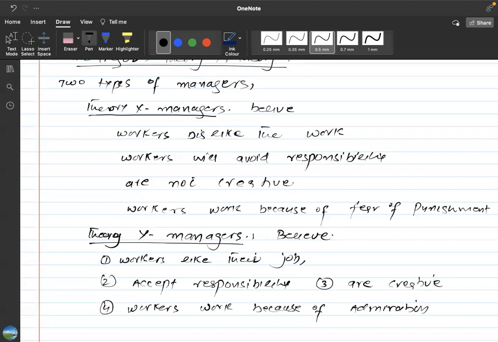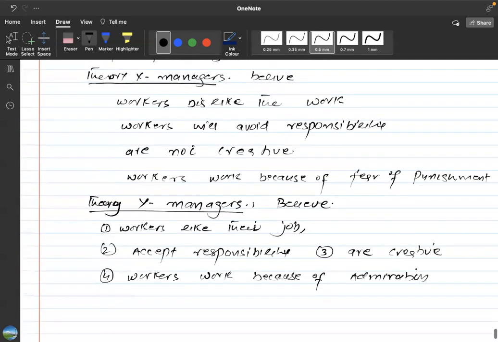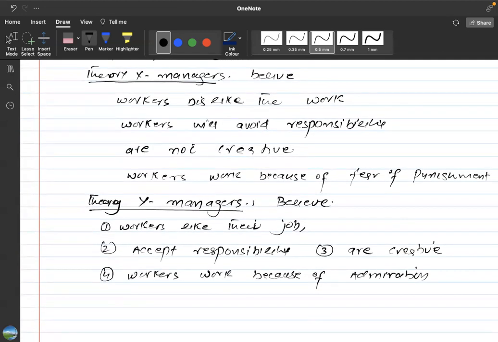They are praised, they are helped in completion of their task, they feel happy and motivated. So there are two types of managers. X type of managers who believe that workers will not accept responsibilities and they will dislike the work, and Y type of managers who believe that workers actually love their jobs and they will accept any kind of responsibilities, and if you admire them, they'll be motivated and they'll work more.